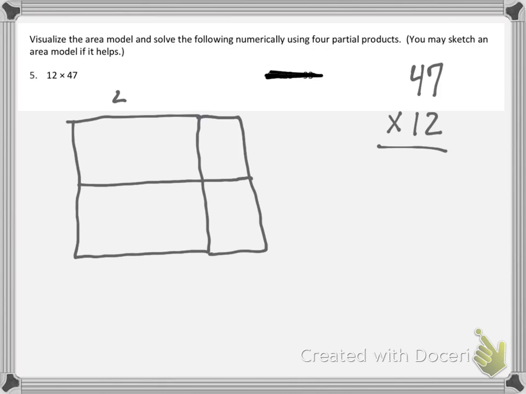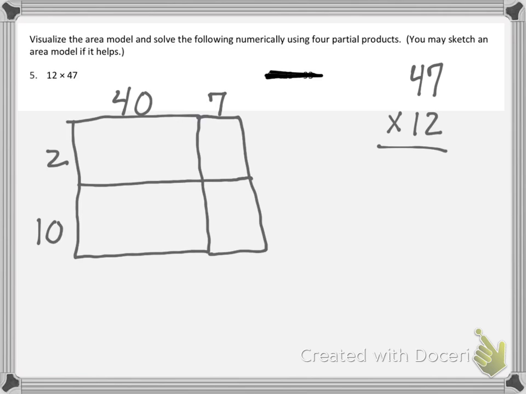And I have decomposed 40 and 7 because it was 47, and then 2 and a 10. Because we put the larger number down here and the smaller number up here, because that's the way it looks over here. Because we're always going to start multiplying by that bottom right number, and that's what we're going to do right here.